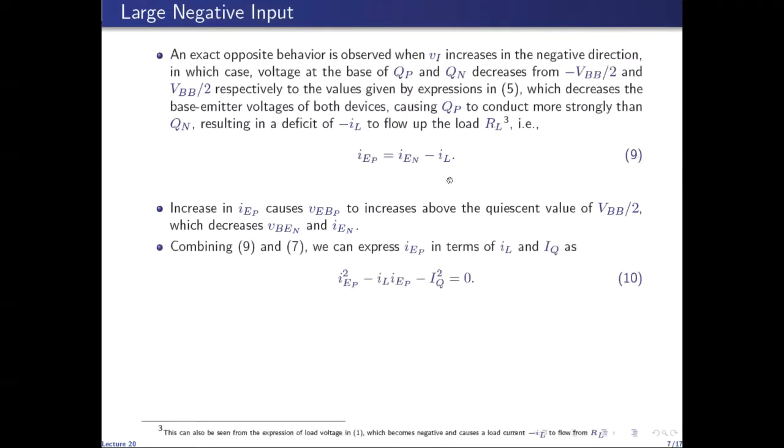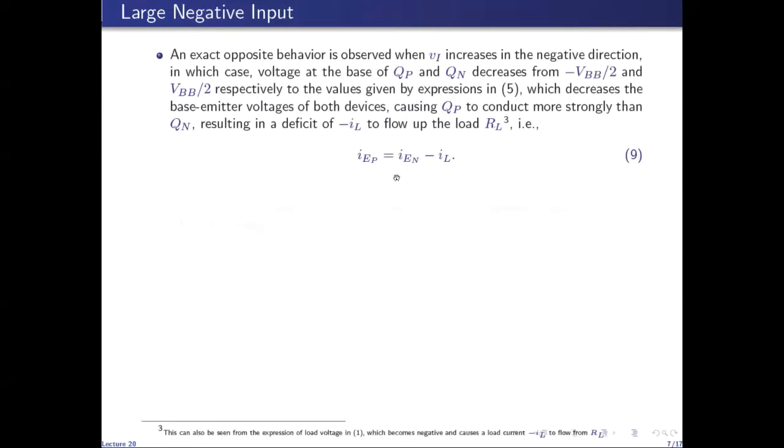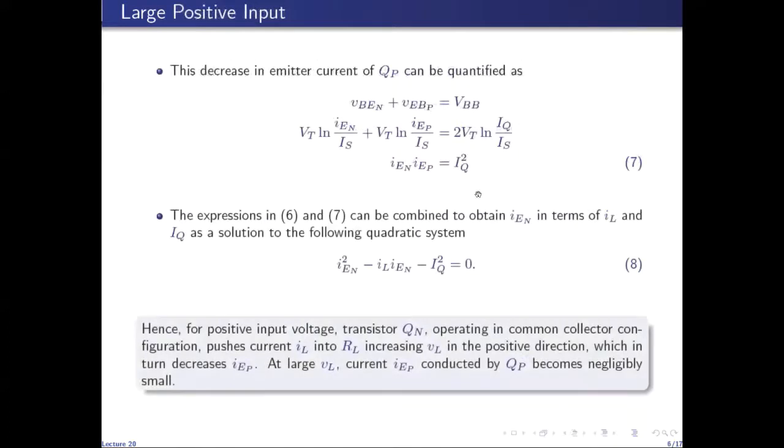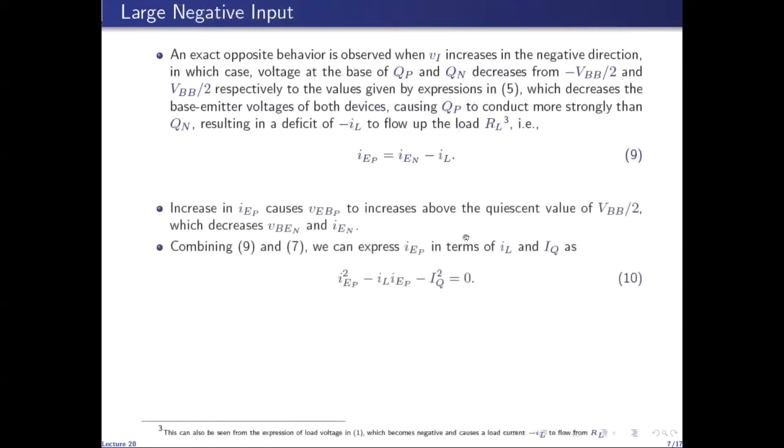So if I combine this equation 9 with this equation here 7, which always holds, then I can express IEP in terms of IL and IQ as this quadratic system, the solution of which will eventually give us the emitter current flowing through QP.